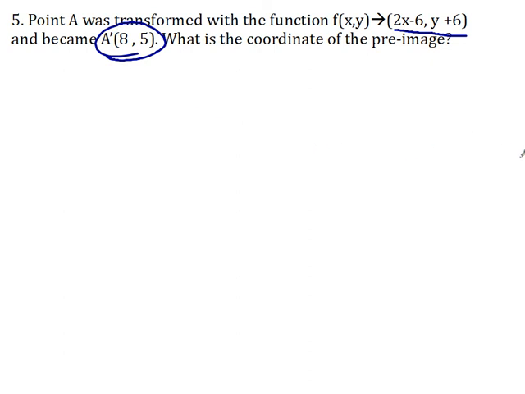And then we said this funny thing about setting the first equal to the first and the second equal to the second when we were given range first. What that means is I'm going to highlight the first equation and set it equal to the first x, or whatever's in the x spot of my point. Then I'm going to take the second part of the function and set it equal to the second spot in my point.